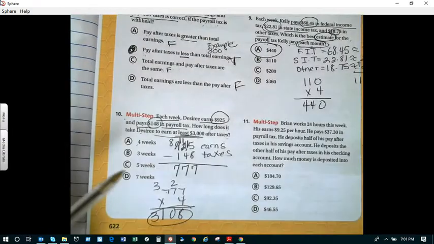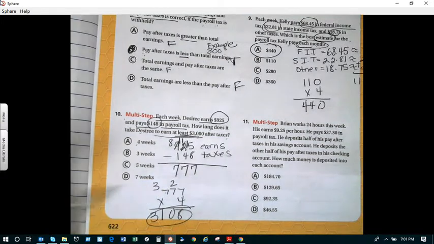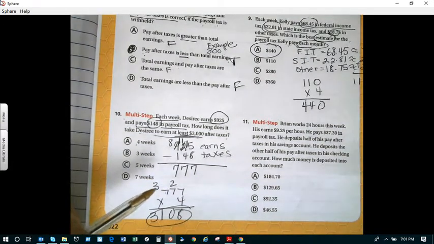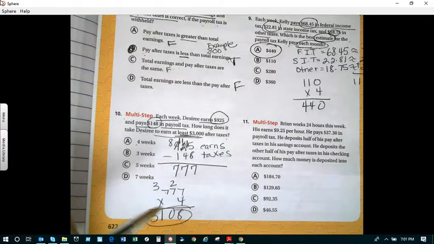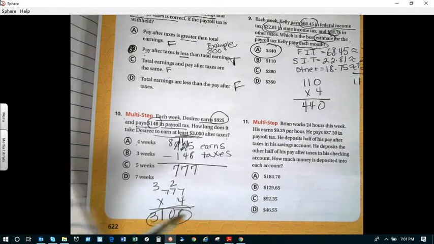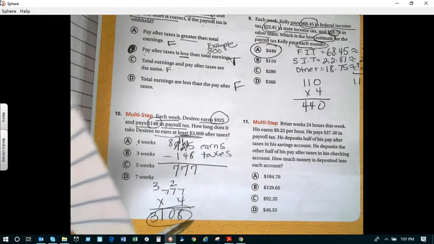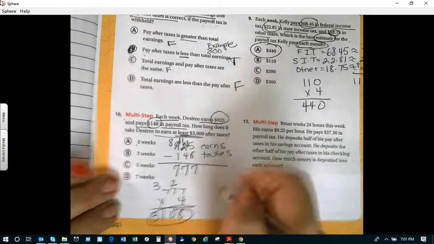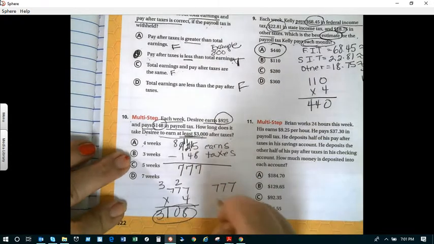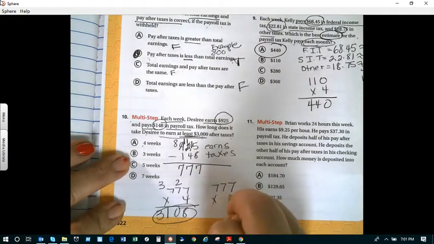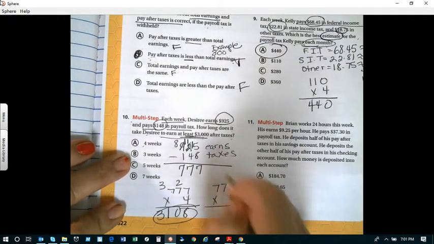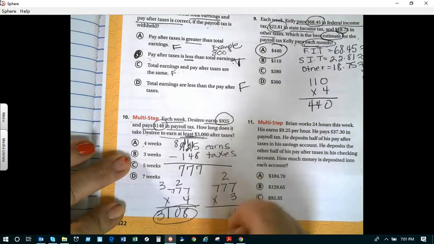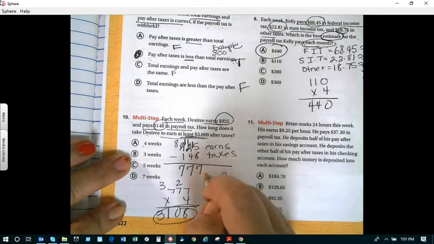But let's check to see about the other one. So, 3,100, that's going to be actually my closest one. But let's take a look at what we have. 777 times 3, well, that's going to be less than 21, 21, 22, 23, 21, 22, 23.